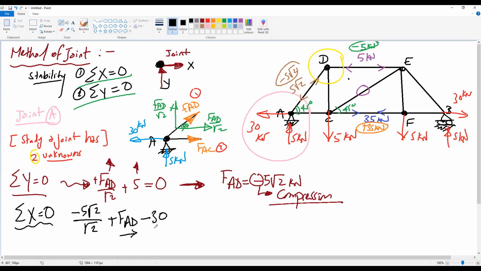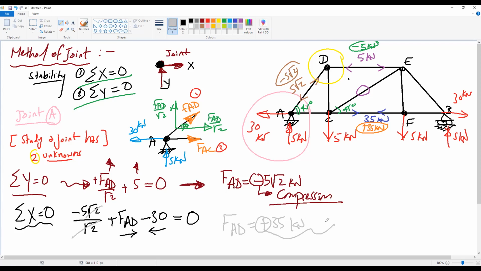FAC going right, so positive. 30 kilonewton going left, so negative. This should be 0. From this equation, root 2 will cancel root 2. So we have negative 5, negative 30. So we finally have FAC equal to positive 35 kilonewton.